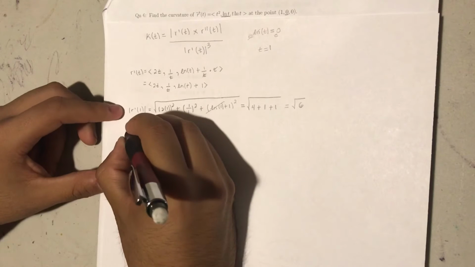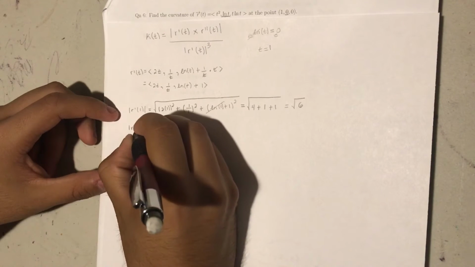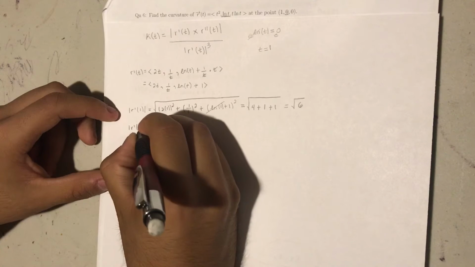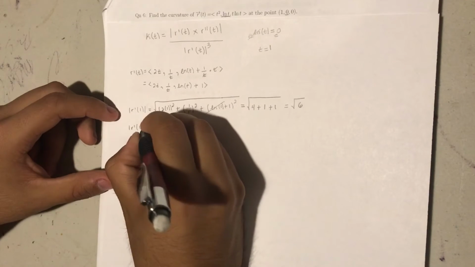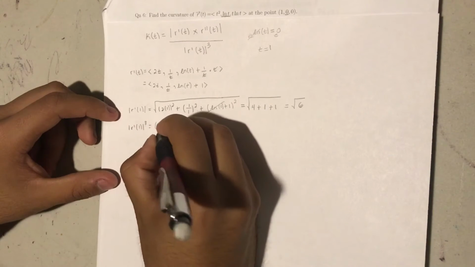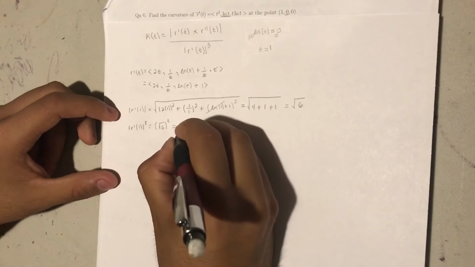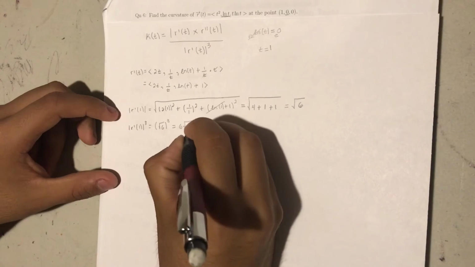We can raise this to the third power. So r prime of 1 to the third power equals the square root of 6 to the third power, which is 6 square root of 6.